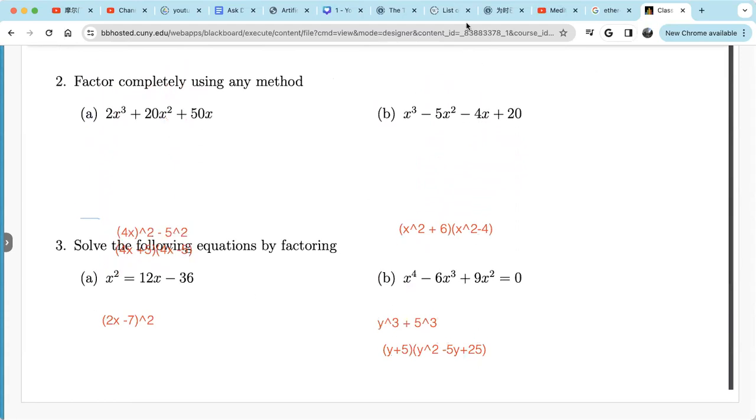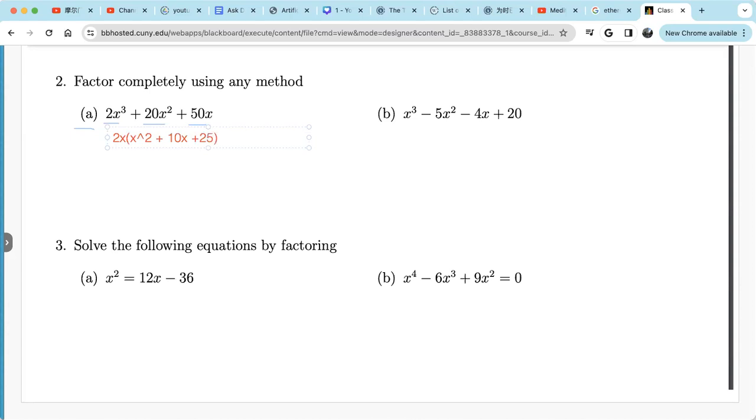2 and 3. So let's factor this. We have a trinomial. But first, we see these 3 terms have a common factor of 2x. So let's factor out 2x. Once we factor out 2x, we have x squared plus 10x plus 25 inside the parentheses.